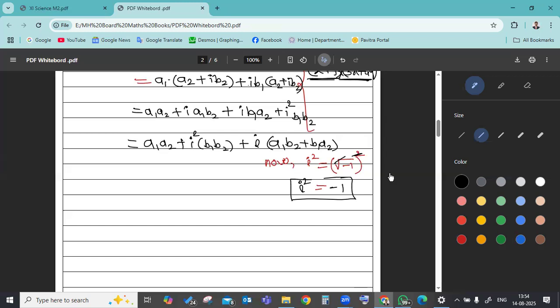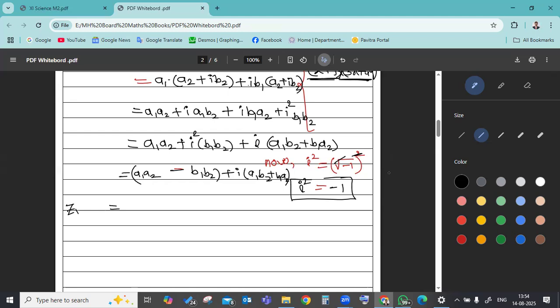So here this sign will change into minus. So we get a1 a2 minus b1 b2, right? Plus i times a1 b2 plus b1 a2, right? Got it or not?